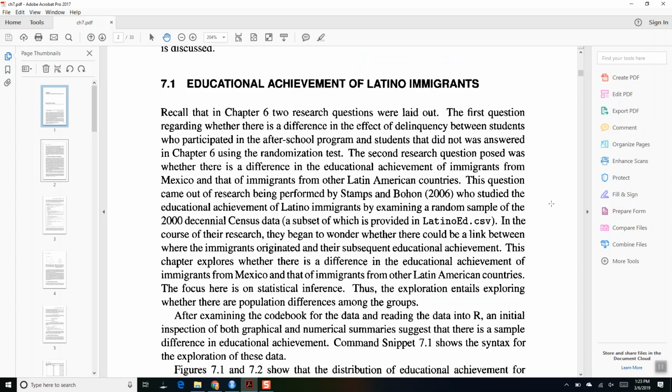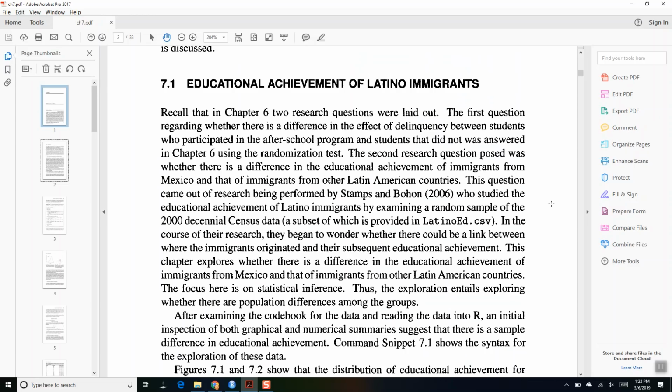They were interested in the educational achievement levels of immigrants from Latin American countries. So they wanted to know who graduates from high school and who goes to college and who gets this degree and that degree. And they're in the United States.